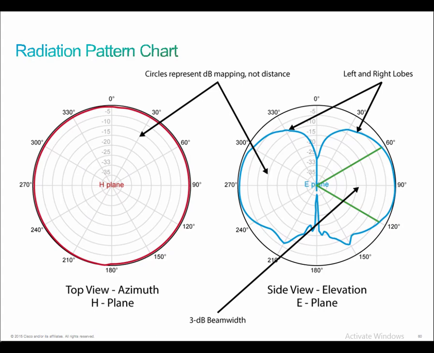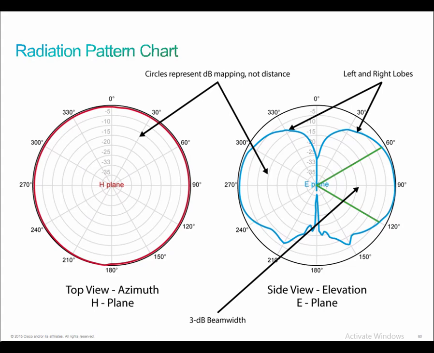The strength of a radiation pattern is going to be expressed in decibels, but the charts don't actually show distance that's reached in a certain direction. Remember, the distance is not relevant to the actual antenna. Distance is based on how much power you're putting into the antenna, the loss of the cable, and so on. So we're not representing any kind of power levels or distance that an antenna will be able to transmit, because as you increase the power of the access point, obviously the transmission is going to go out further, right?